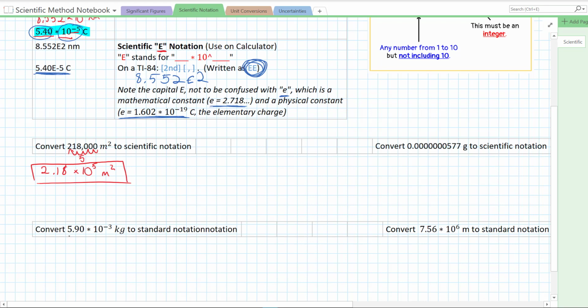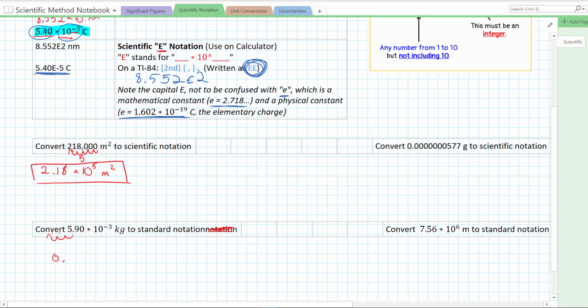Number 2, convert 5.90 times 10 to the minus 3 kilograms to standard notation. Well, we're going to do the reverse process here. 5.90 times 10 to the minus 3 means we're getting smaller by 3 decimal places. So we're going to move our decimal place to the left 1, 2, 3 spots. Add the zeros there. We get 0.